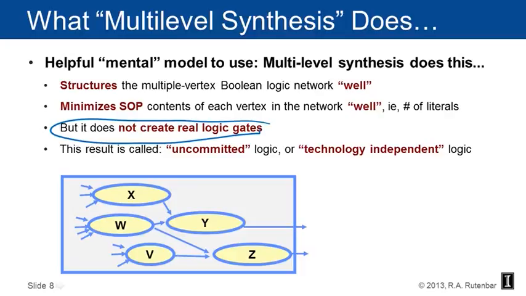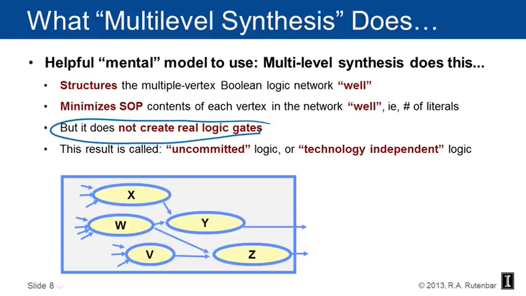This is often called uncommitted logic, which is to say, I have not committed this to a particular set of gates from my technology library. It is also called technology independent, because we often call the library that we get to use the technology. And so when the stuff that pops out of multi-level synthesis is not mapped yet to the technology, we say that it's technology independent.